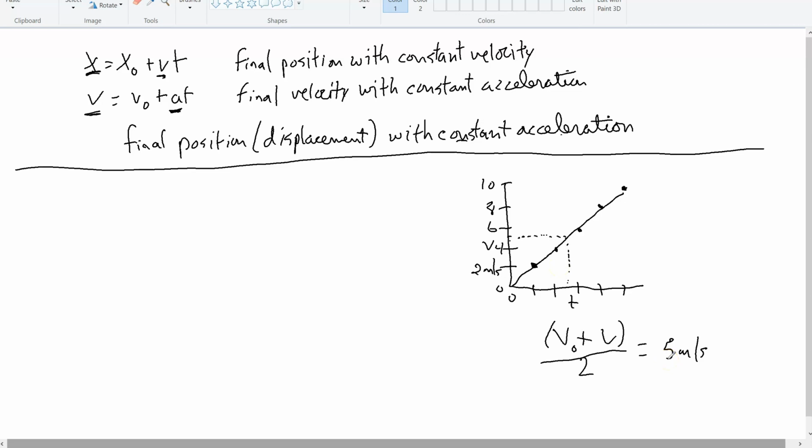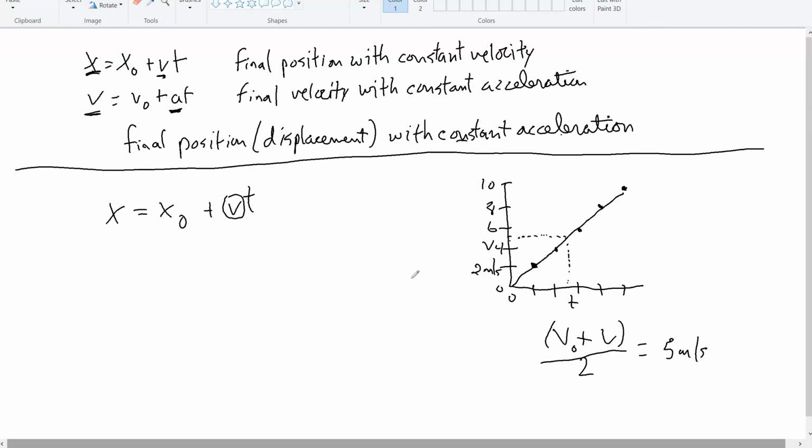Okay, now let's go back then and start with my final position equals initial position plus velocity times time. We don't have our acceleration, and we couldn't just put acceleration in here anyway, but we could pretend that instead of accelerating from 0 to 10 meters per second in our motion, we have a constant velocity of 5 meters per second for the entire time.